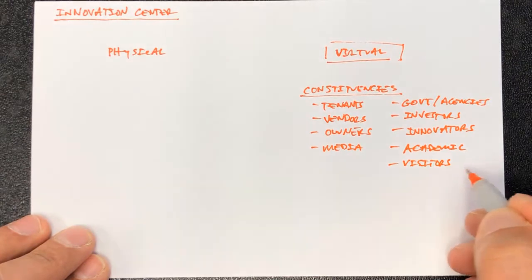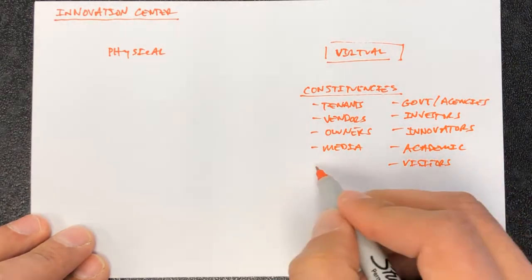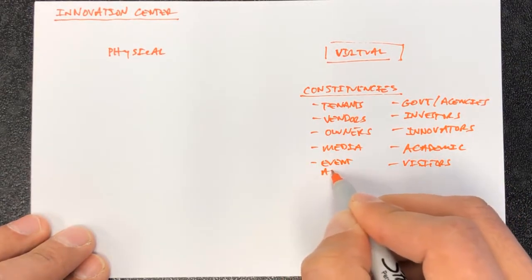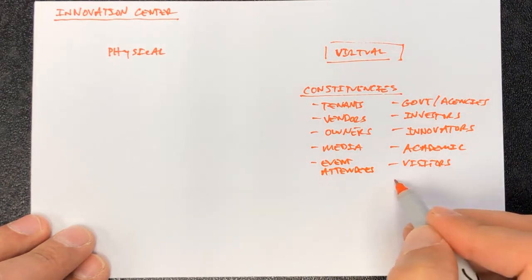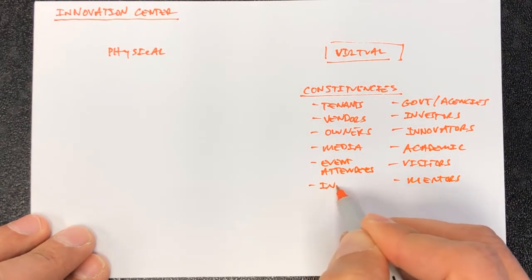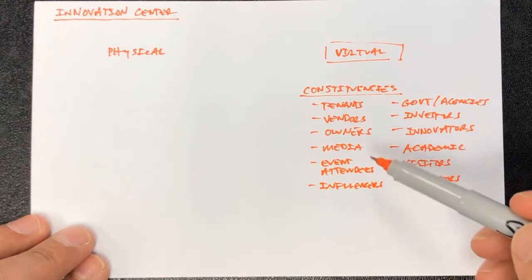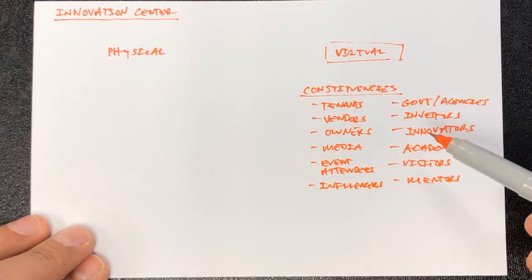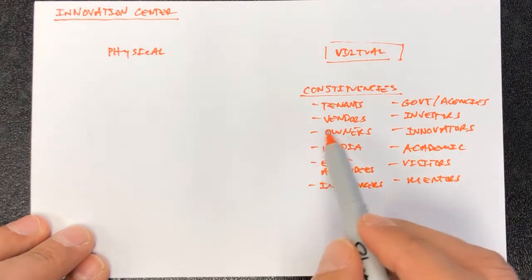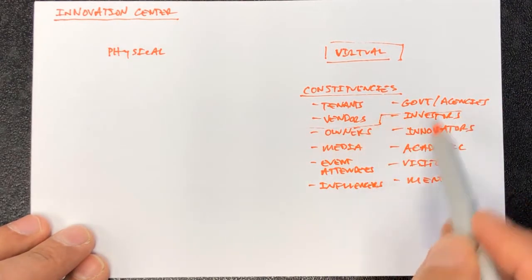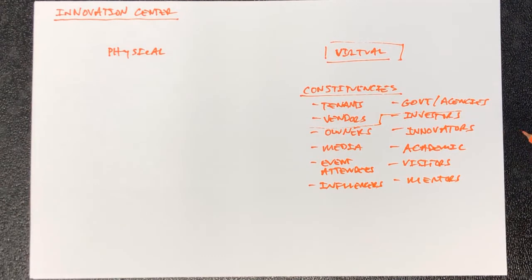This might be a delegation or people from industry. We also have event attendees, participants, mentors, influencers. So even just thinking about that, this is a totally different cast of characters than the somewhat one-dimensional world we have with running a traditional property.